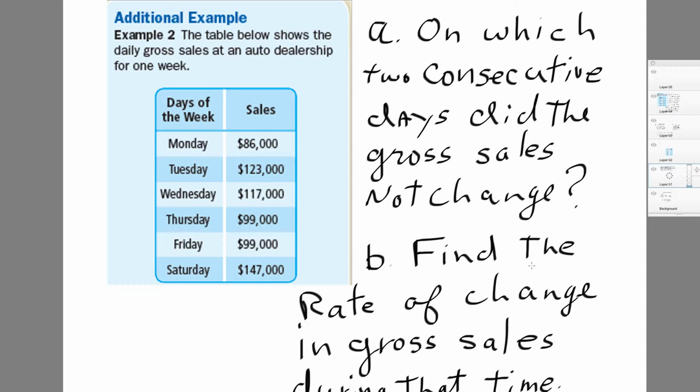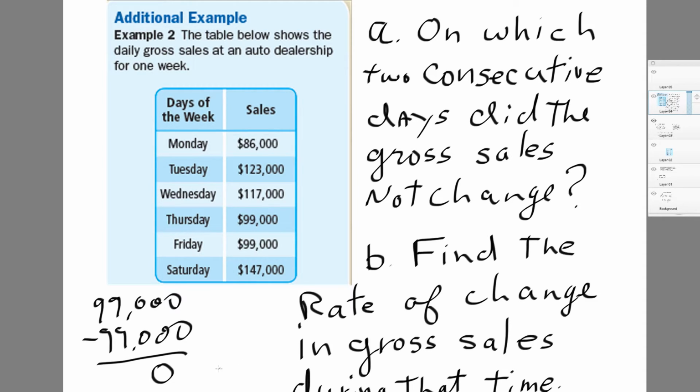And then find the rate of change in gross sales during that time. Well, that's going to be 99,000 minus 99,000, and that's just going to equal 0. So the rate of change is $0 per day, and that's basically a zero rate of change problem.